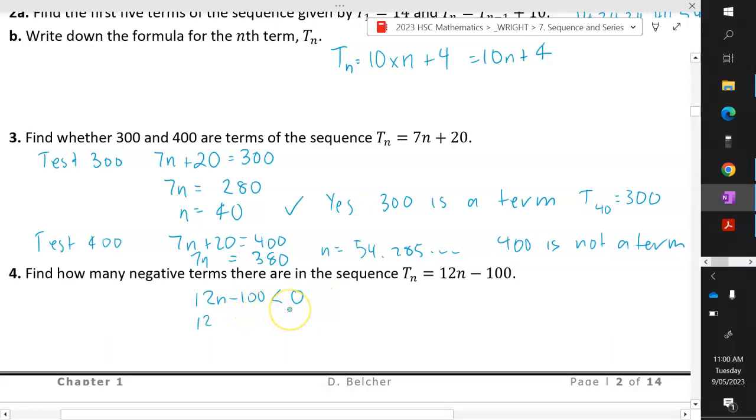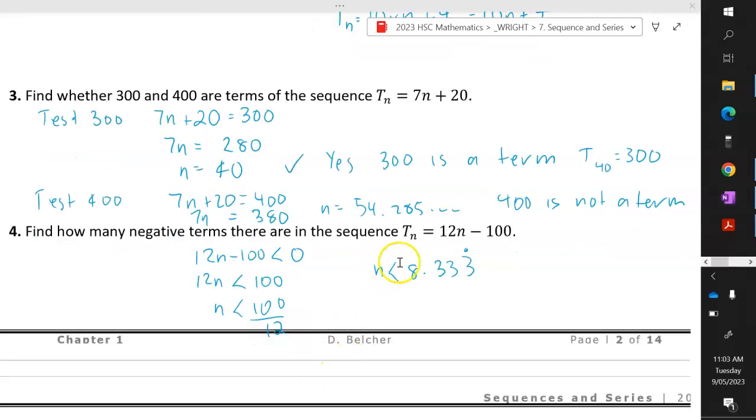That means 12n is going to be less than adding 100 to both sides, 100. So, I left my n out there. So we're going to say, dividing by 12, the n is going to be less than 100 over 12. So dividing that, we get n is less than 8.333 repeating, or less than 8 1/3. So we want a value that is less than 8 1/3, and that's going to be n is equal to 8. So there are 8 negative terms in this sequence.